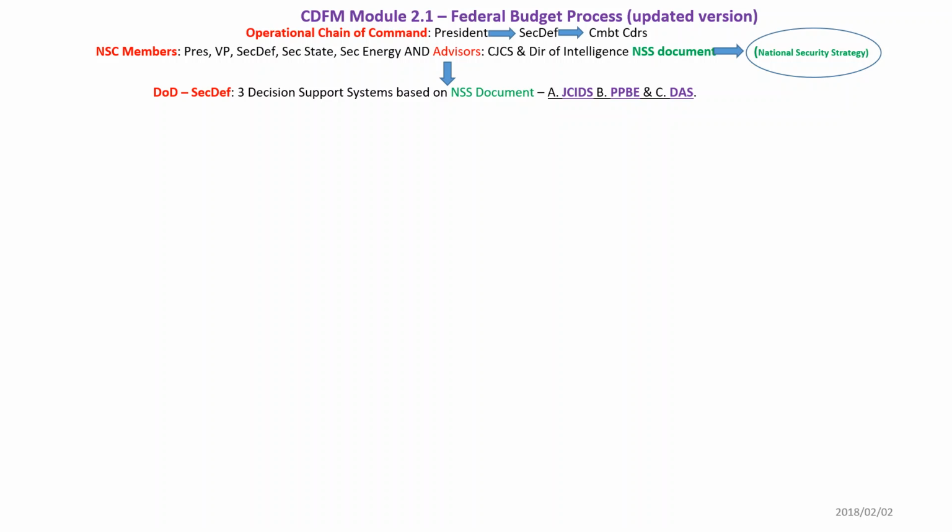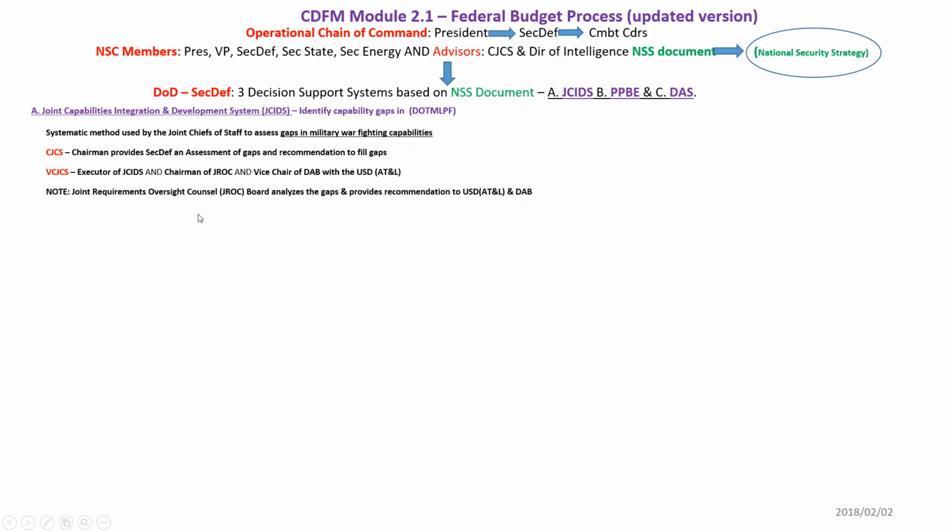So the three DoD support systems are, and learn them in this order, and I'll tell you why in a minute: JCIDS, Joint Capabilities Integration and Development System, Planning, Programming, Budgeting, and Execution, PPBE, and the Defense Acquisition System. These three systems overlap many times because depending on what the capability needs are, we may not already have it in our inventory. We may need to go to our acquisition system to get it, but we'll get there.